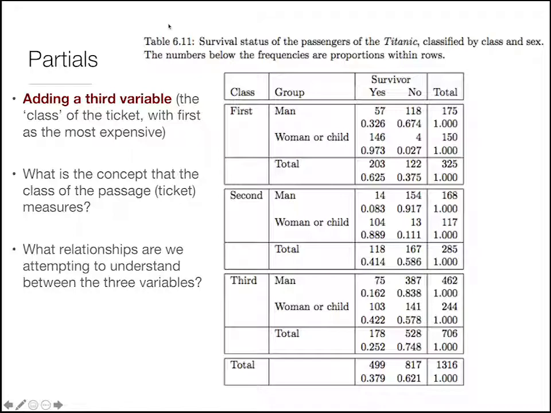So a very interesting pattern emerges. It's not just about male passengers or crew sacrificing themselves. If you were in a higher class and had a more expensive ticket, you were much more likely to survive.